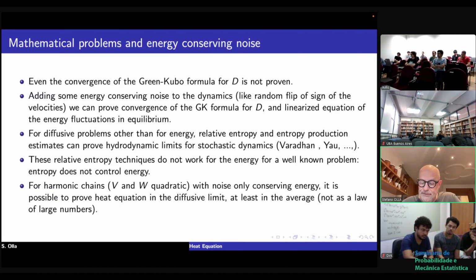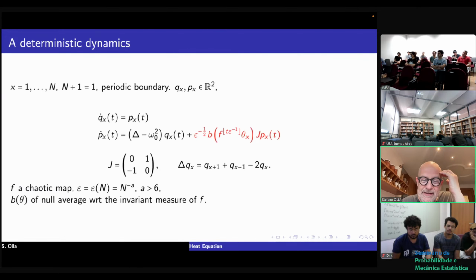Okay, so what I'm interested in, and I've been discussing with Carlangelo about this for maybe 30 years, not exaggerating, we are old, is how to use, instead of stochastic dynamics, instead of stochastic perturbation, deterministic perturbations that are chaotic.